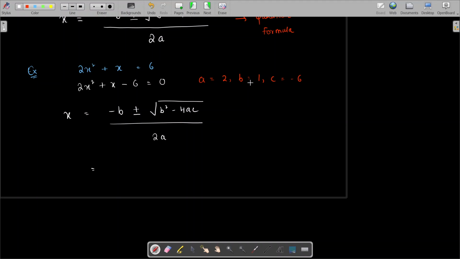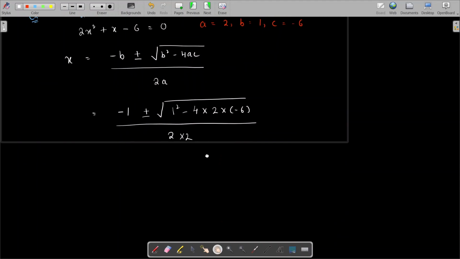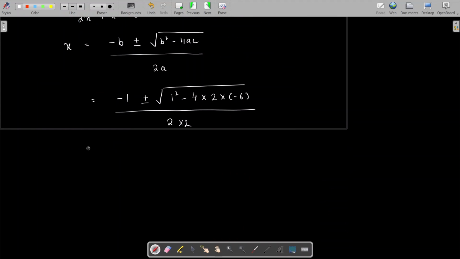So negative of b is negative of 1, plus and minus square root of b squared, that is 1 squared, minus 4 times a times c, c is negative 6, over 2 times a, which is 2. Let's simplify this.